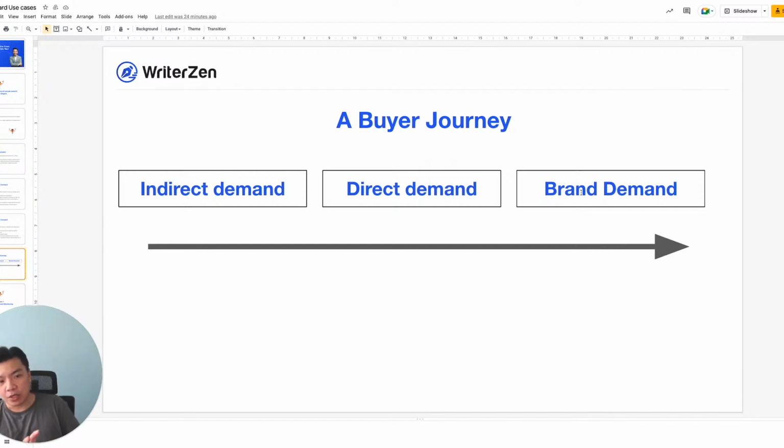This happens mostly with bigger brands, bigger companies, because their brand generates demand. But let's say you are a middle-sized company, you sell something that not many people are looking for or know about yet. So you will want to battle on this ground, right? You will want to find every possible way to capture the people who are looking for the pain point that you solve, in the direct demand channel.